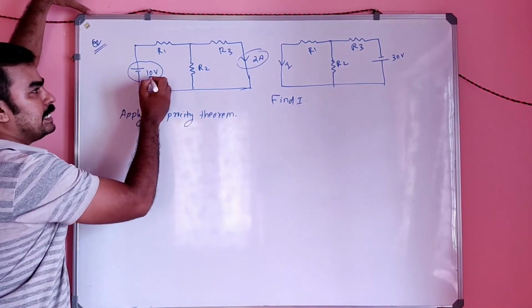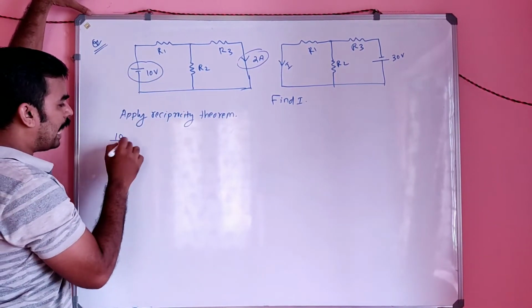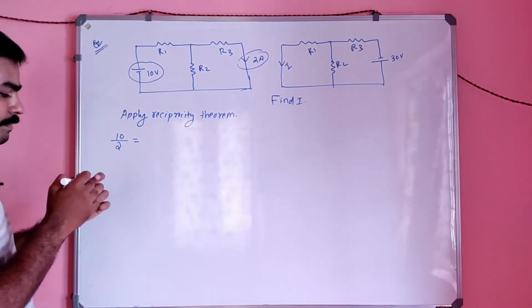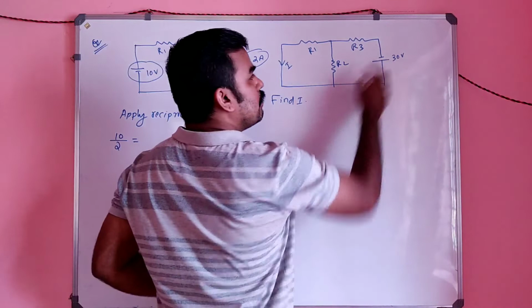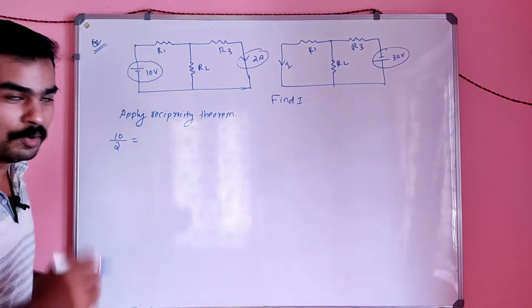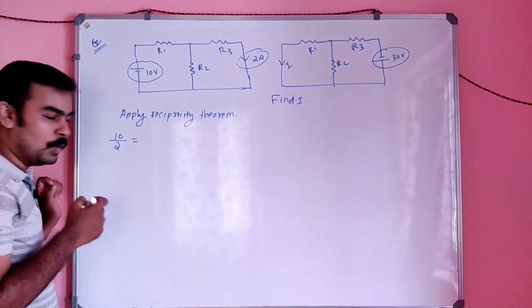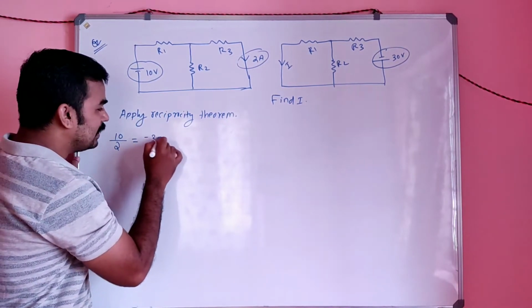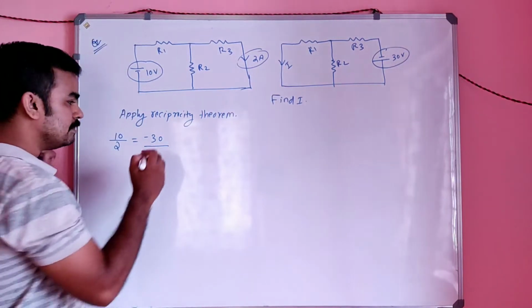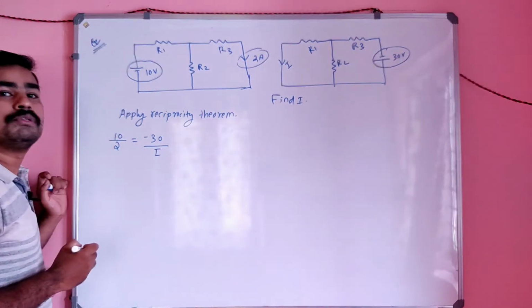So the excitation is 10 volt and the response is 2 ampere, which is equal to, here, the excitation is what? 30. Is it 30? No. It is minus 30. And the response is simply I, no issue there.